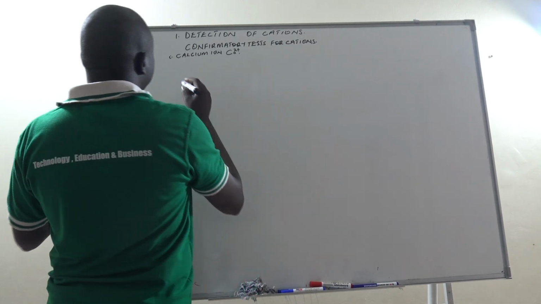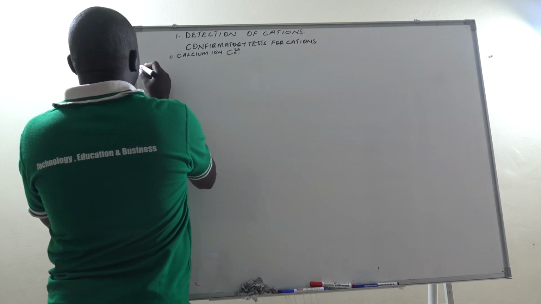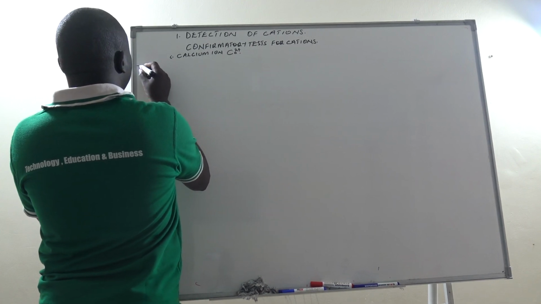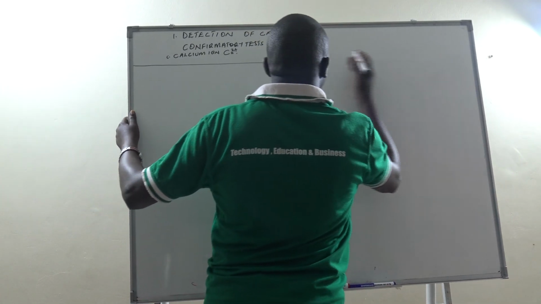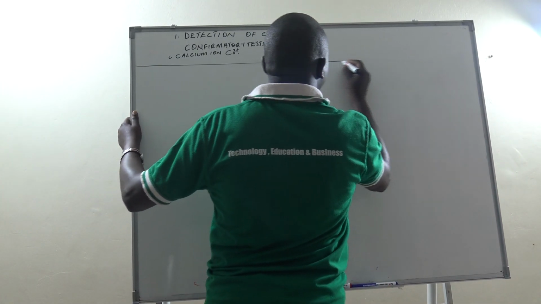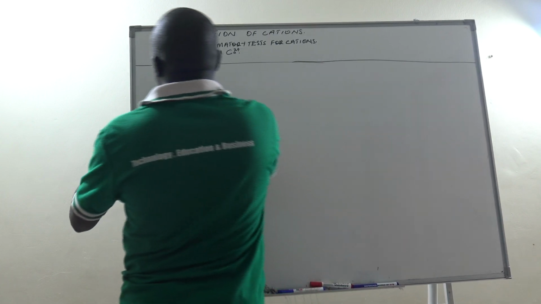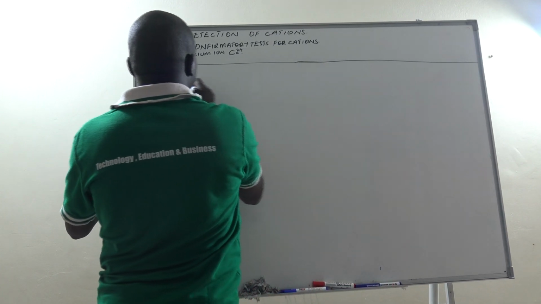Calcium ion. So for calcium ion, let us draw a simple table here for the test, the observation made, and then the deduction that we can get from that.